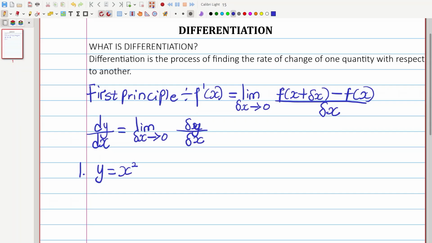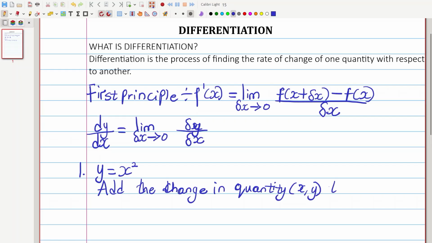The first thing to do is to add the deltas, that is the change in quantity, for both x and y, to both sides. Delta x is the change in x and delta y is the change in y.